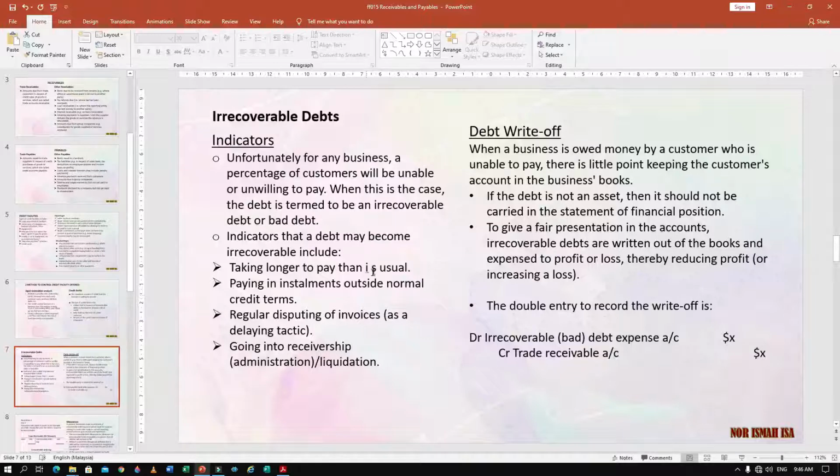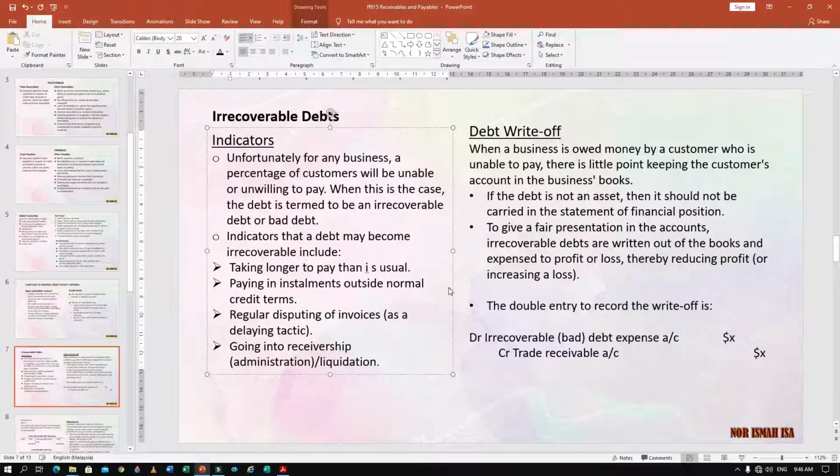This customer starts not to pay, or pays in, let's say, 1 month, then it becomes 3 months to pay, and pays in installments outside the normal credit term. As the invoice said, the payment is due in 2 months, but maybe the customer will pay in 3 months.